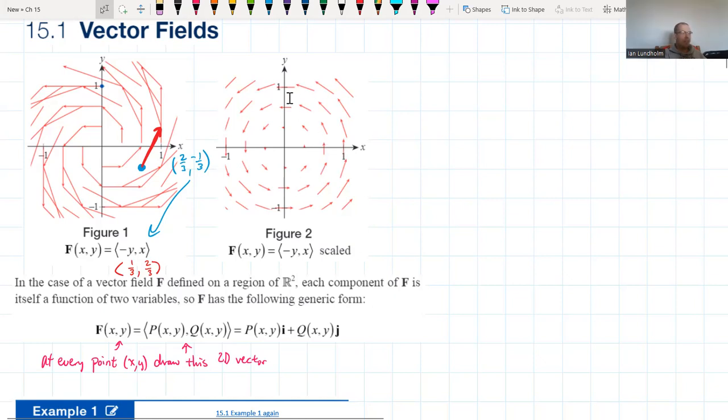So yeah, in this particular vector field, it looks like we're getting some kind of counterclockwise rotational motion here. And that actually makes some sense. This is kind of like XY, but rotated to the left 90 degrees.